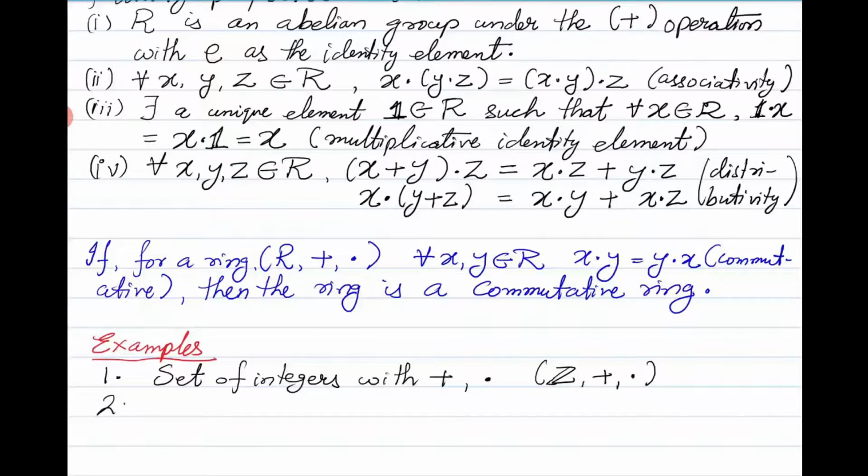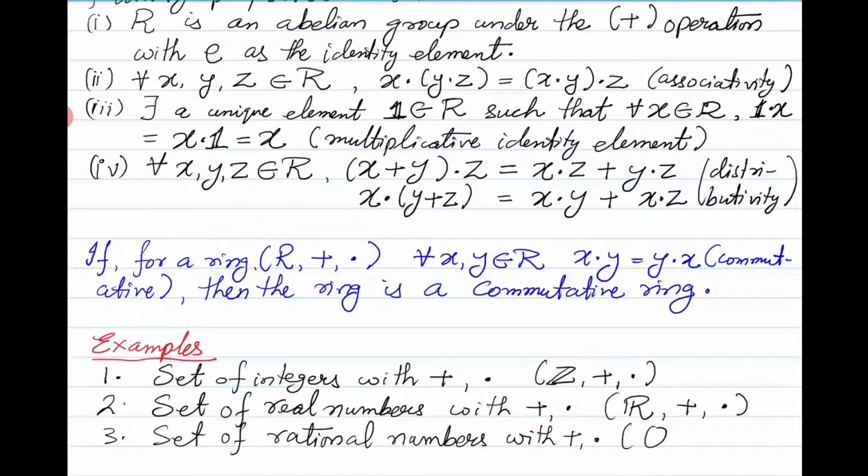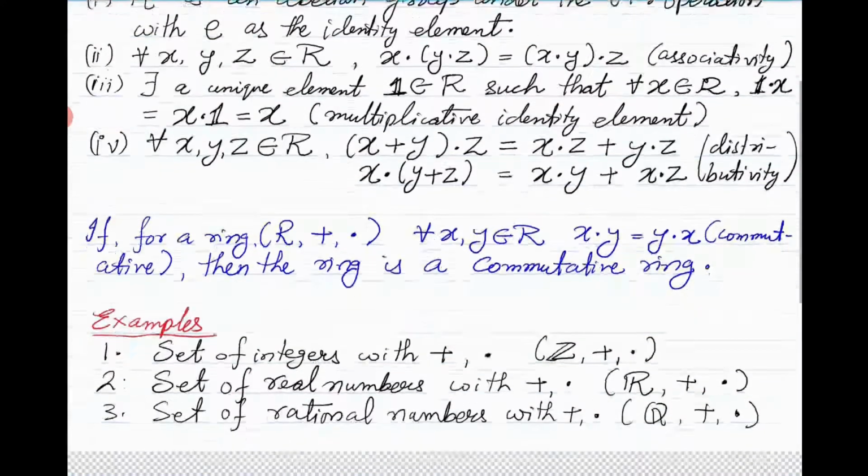Similarly, what can you say about the set of real numbers? The set of real numbers is denoted by the double-struck R with the two operators. So it's a ring. Similarly, the set of rational numbers with the addition and multiplication operation is also a ring.